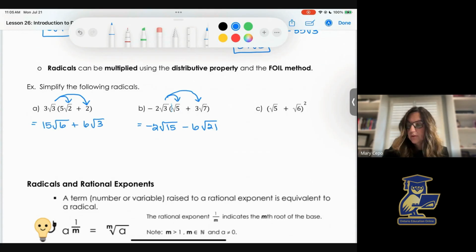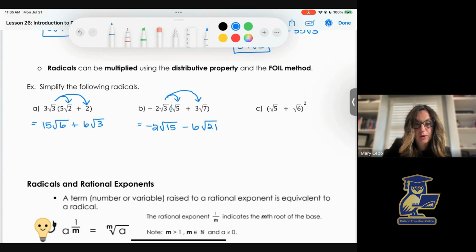Okay. So again, there's nothing here that we can simplify because for 15, there's no factor that we can express with a perfect square.